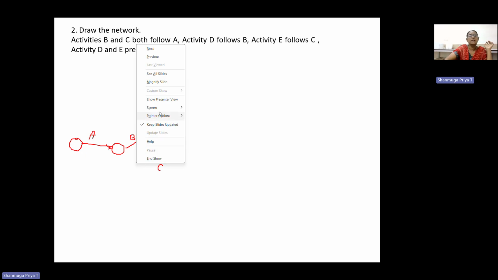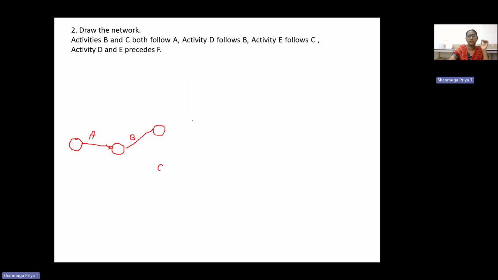In this, if we draw the network, A is the starting activity, and B and C are the next activities. There is no duration given in this problem, so we directly mark it.